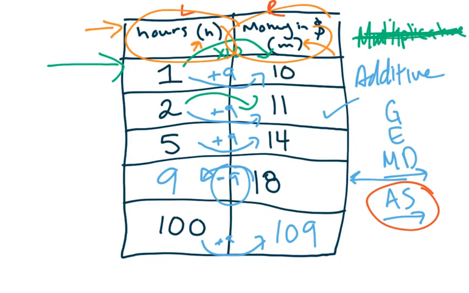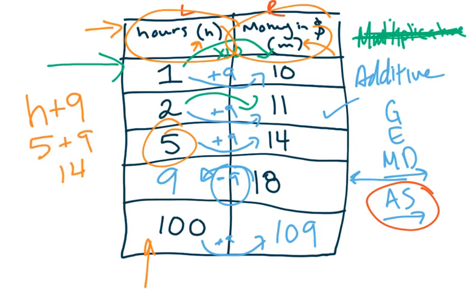It seemed like in this table we mainly started right here with hours. What did we do to hours? Well, we added 9. Hours plus 9 is my algebraic expression, because I would take 5 hours, I would add 9 to it, and that would give me my answer in the same row as the 5, I'd get my 14.